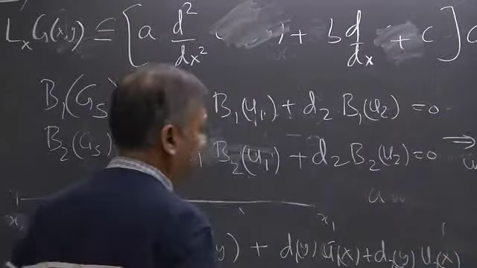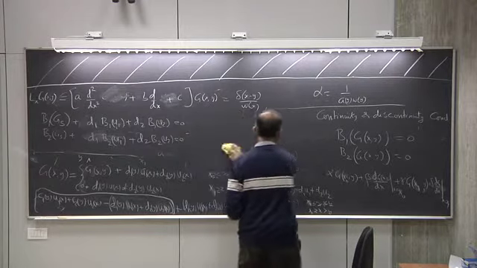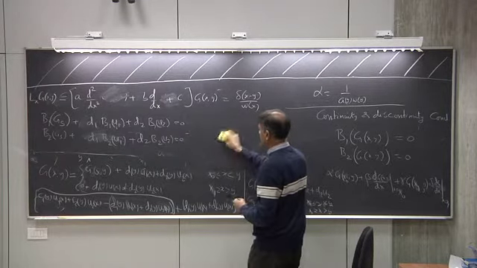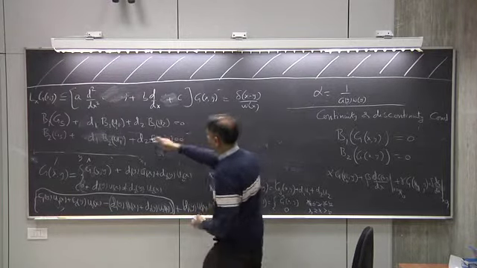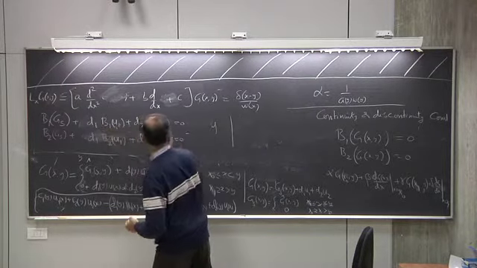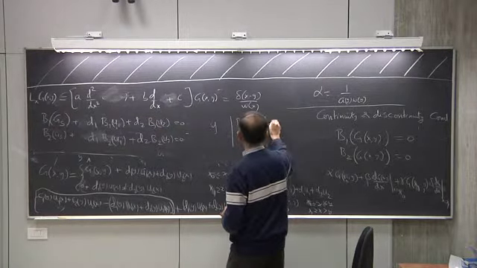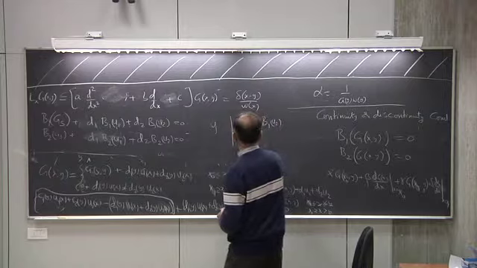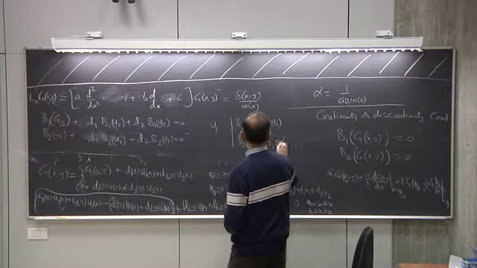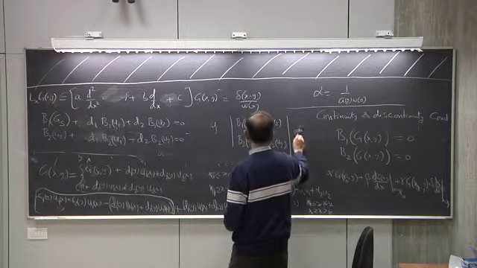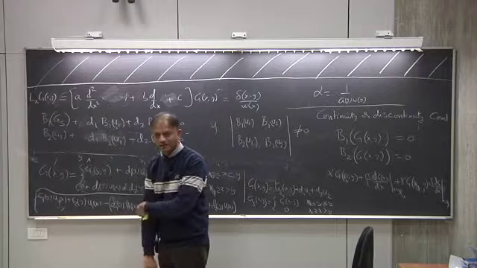So if the determinant of the coefficients of these unknown quantities, B1 u1, B1 u2, B2 u1, B2 u2, is not equal to 0, then there is a unique solution for d1 and d2.